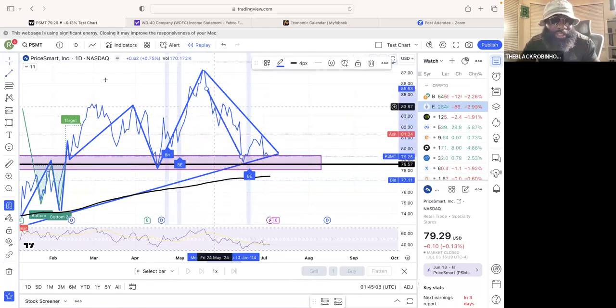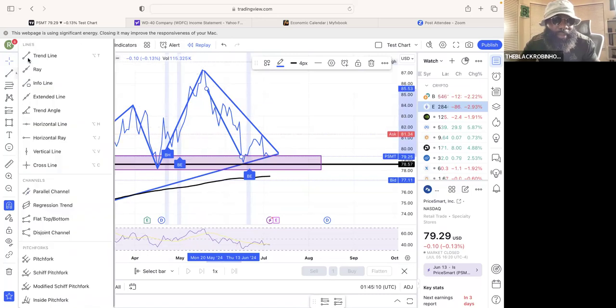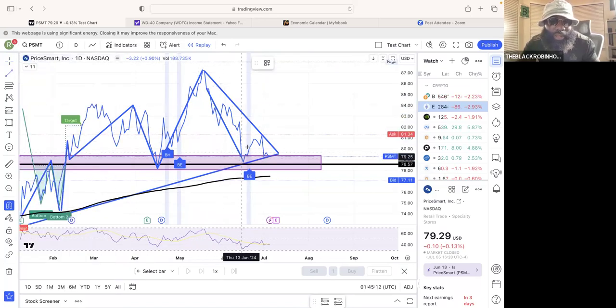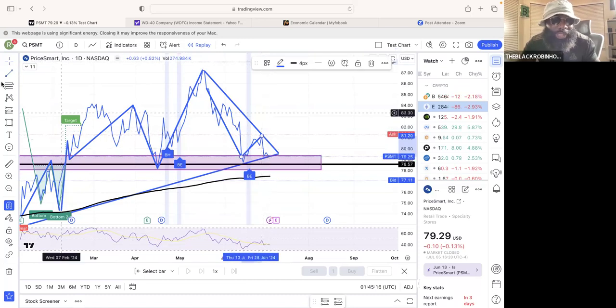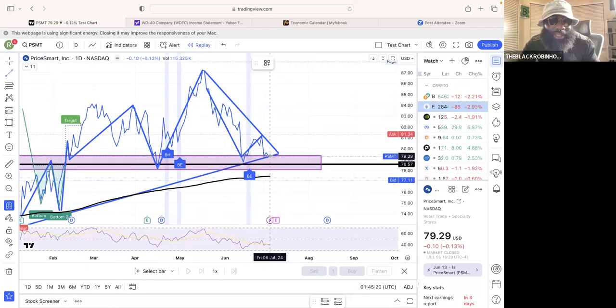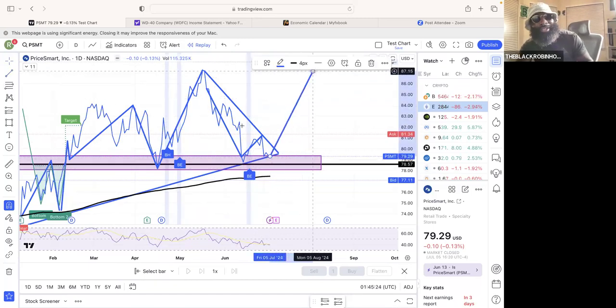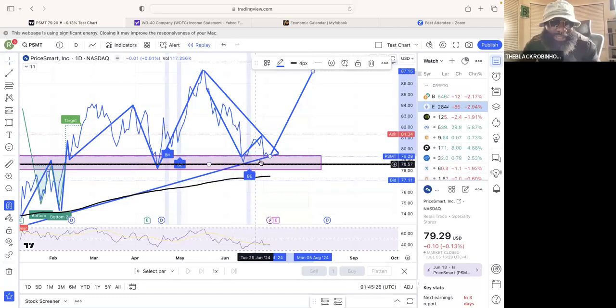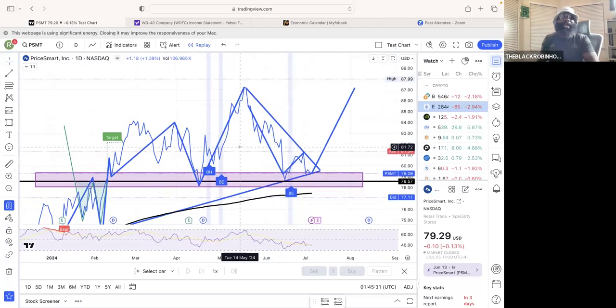It tried to move up, it couldn't, hit this trend line, and moved back down. So now, if they beat earnings, it will likely pop out and show out. If they miss, it's probably gonna drop. But this is how you look at it. Does that make sense? It does.